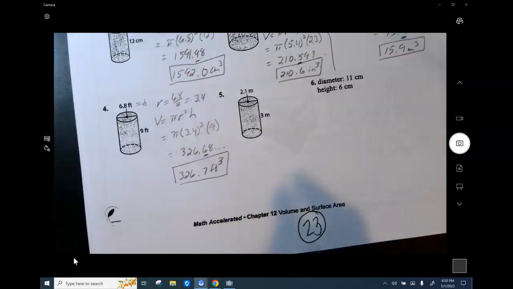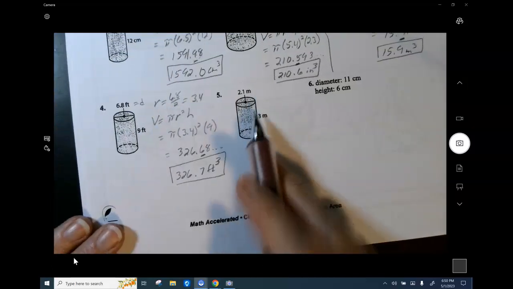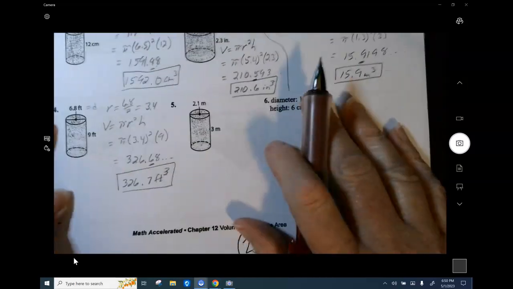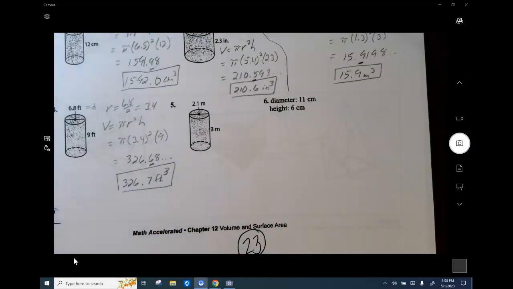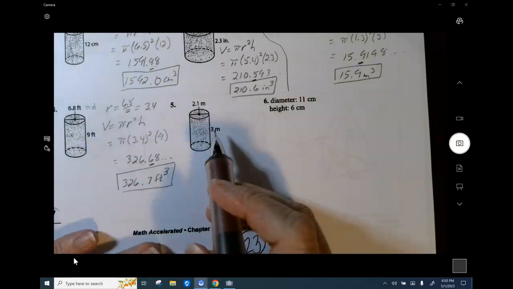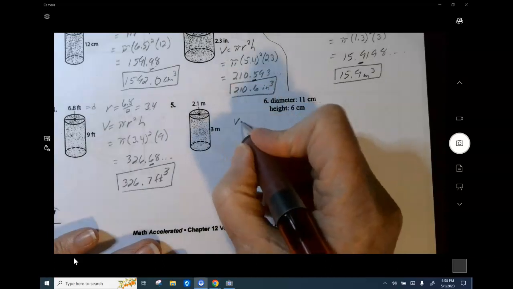Okay? But notice if we're given a diameter, we have to find the radius. Go. Do the next one. I'm going to just sit here because I want to see if you'll do it by yourself. Go. So here we go.